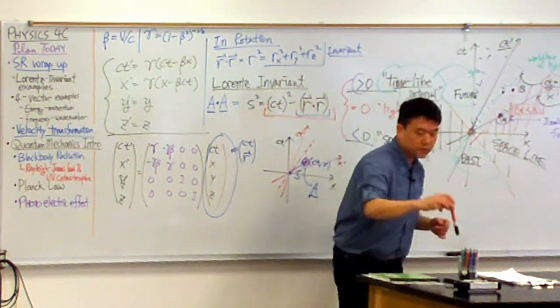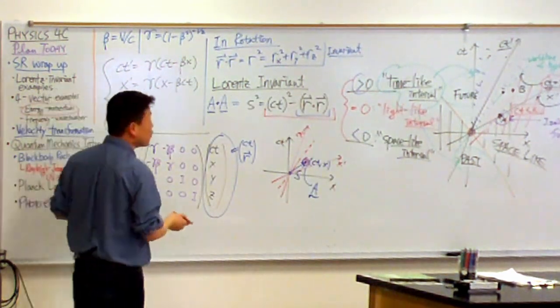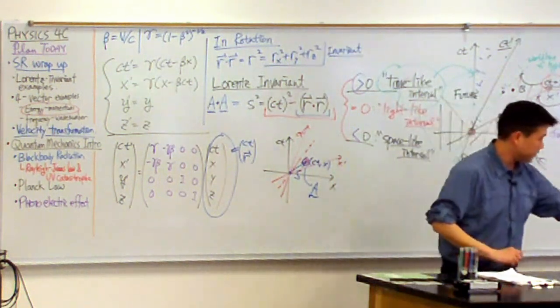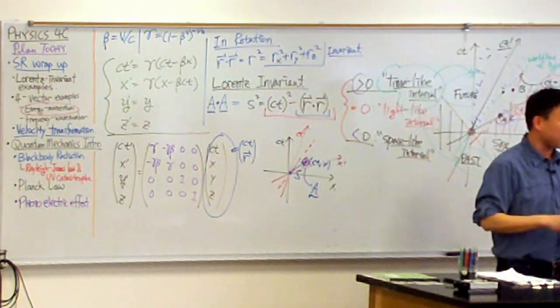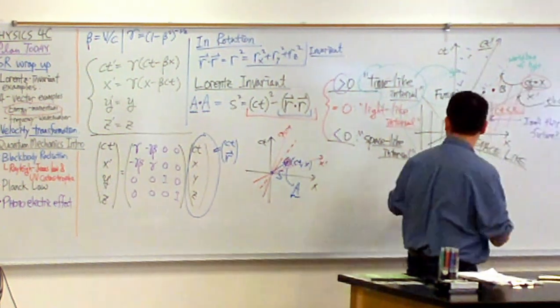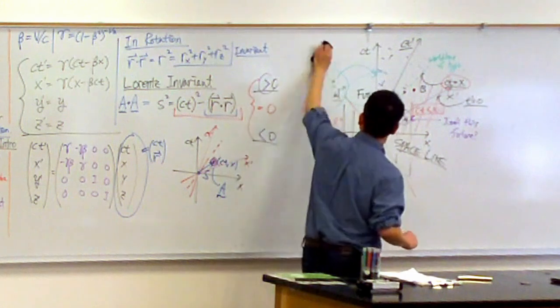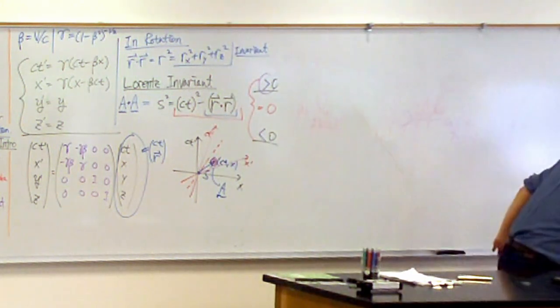Let me introduce this one, energy momentum, by first showing you that I can form an invariant out of the energy and momentum relationship that we have already covered. So I should call this under the heading of energy momentum 4-vector.